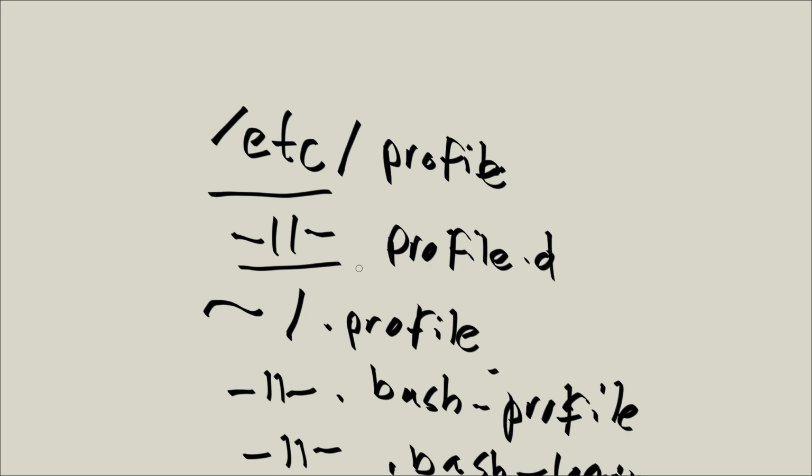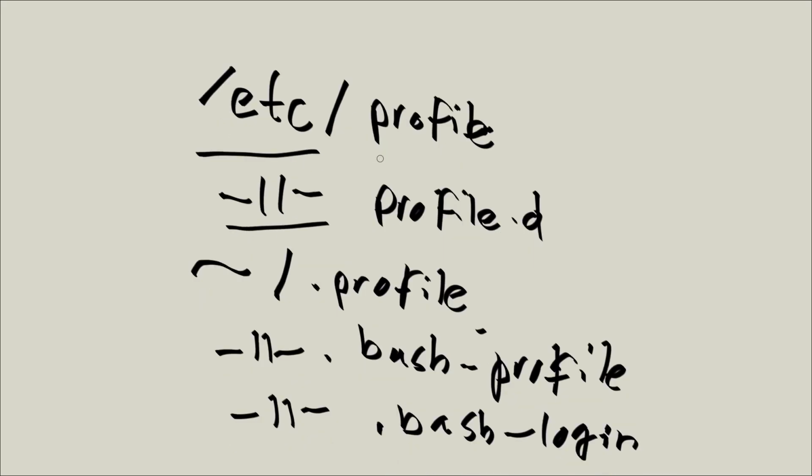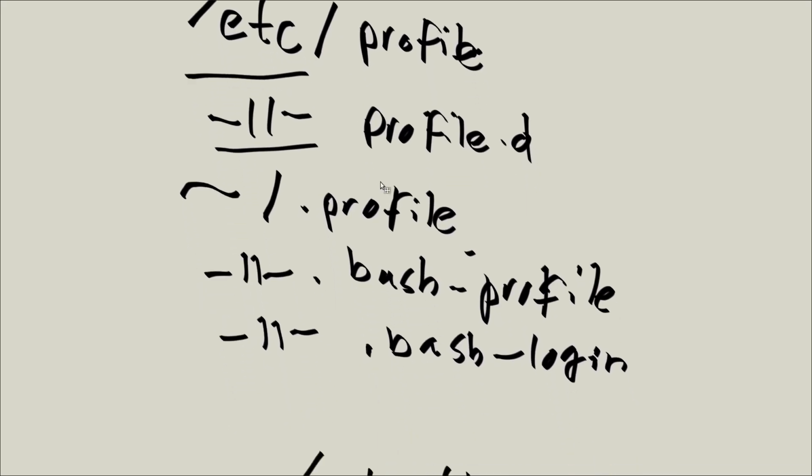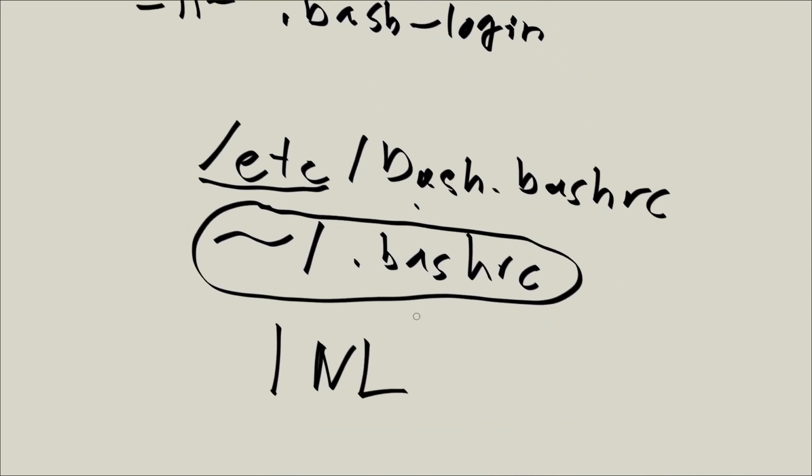For example, if you modify something in your home directory, it only applies to your user, but if you modify something in the etc folder, then it applies to every user.